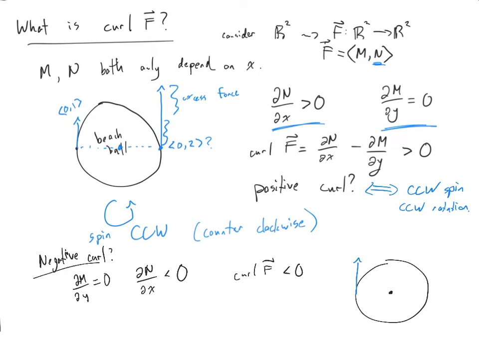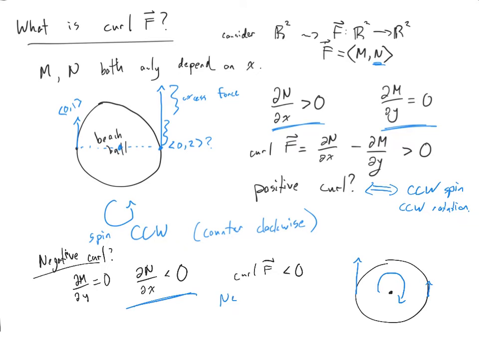Let's repeat the same story. Let's say the force over here is up. Then as I move to the right, the y force can't change, but the x force has to decrease. So maybe it would become like that. Or in fact, it could be pointing down. It could be negative in the y direction. Either way, this left force wins the battle and makes this water wheel spin clockwise.